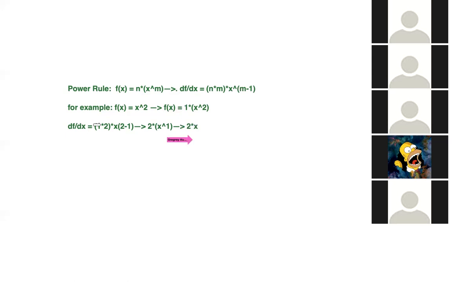So here for x squared, there's implicitly a 1 in front of there, right? So it's just 1 times 2, which is 2. And then if you take x squared and take off 1 unit from the exponent, the 2 becomes a 1, and you just end up with 2 times x.